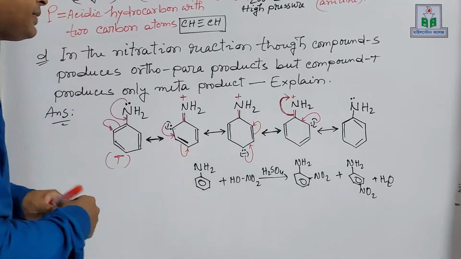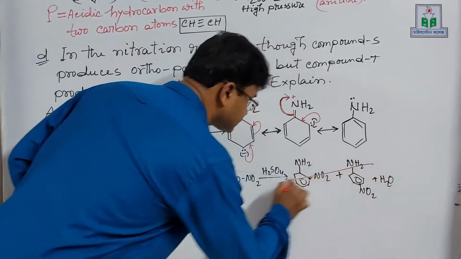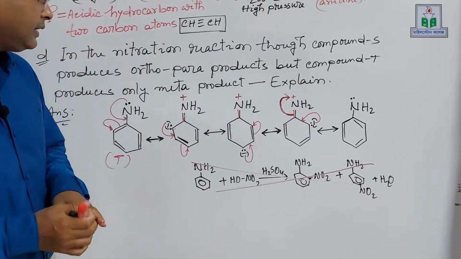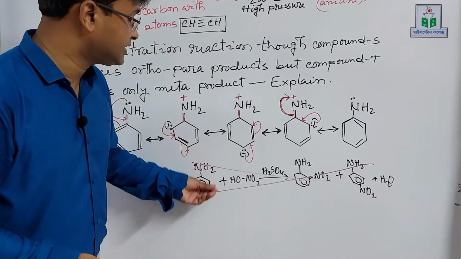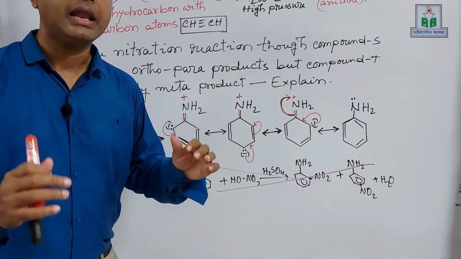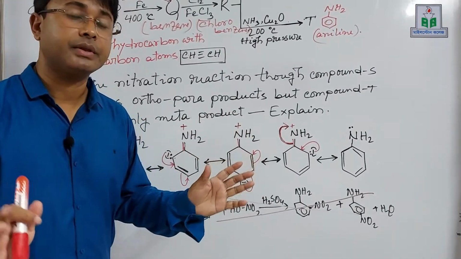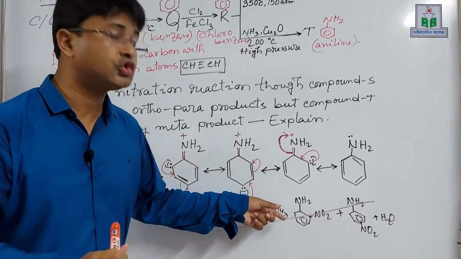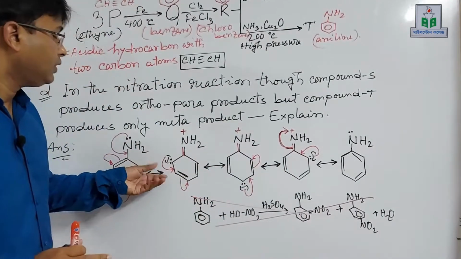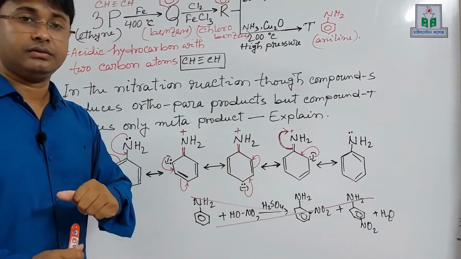It should be produced. Actually, the reaction does not occur like this. Aniline should produce orthonitroaniline and paranitroaniline like phenol, but it is not happening. It should happen because aniline shows resonance like phenol.